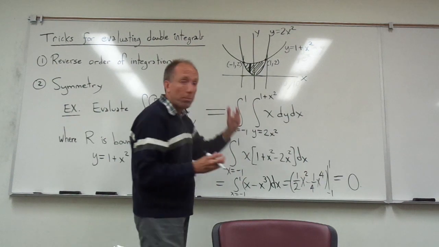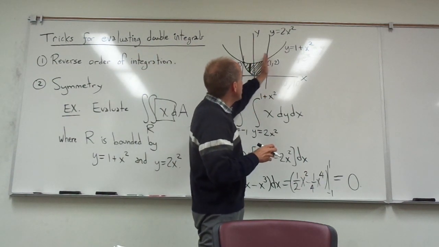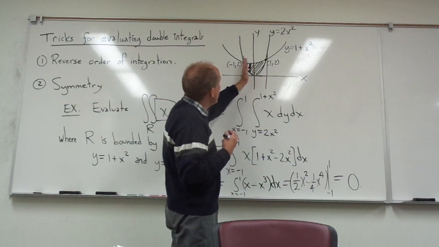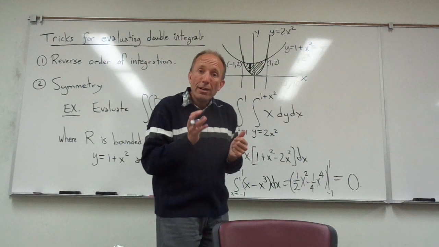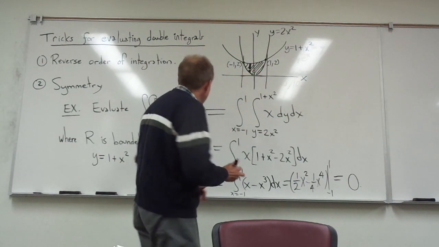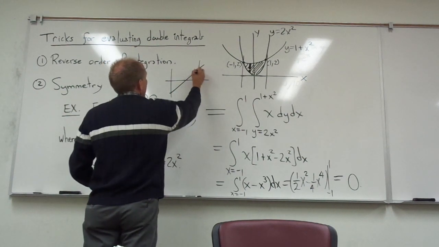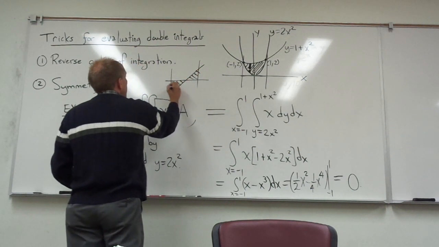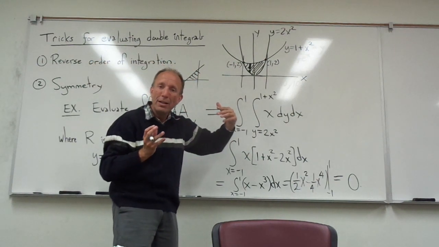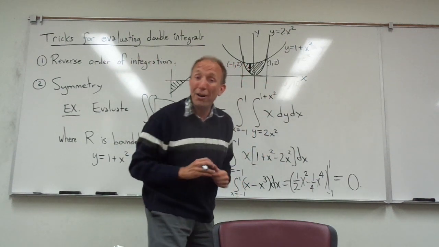So you're integrating the function x, a double integral, over a positive domain. But then on top of that, you're also integrating x on the left half, and on the left side of that region, x is negative. It's just like the picture that I was showing you before. The function is positive half the time, negative half the time, and in exactly a balanced way it is going to cancel out.